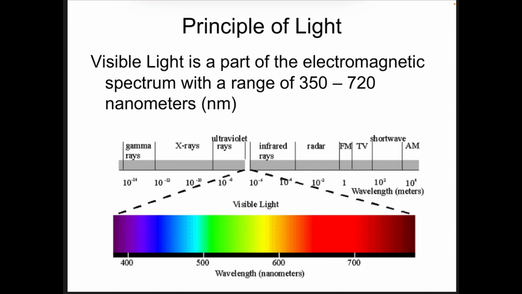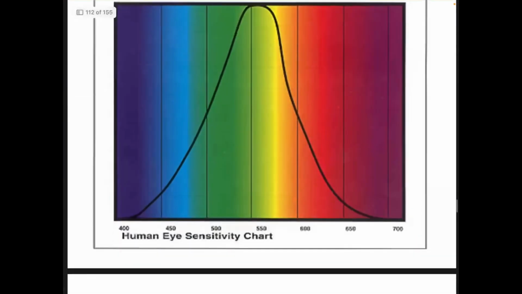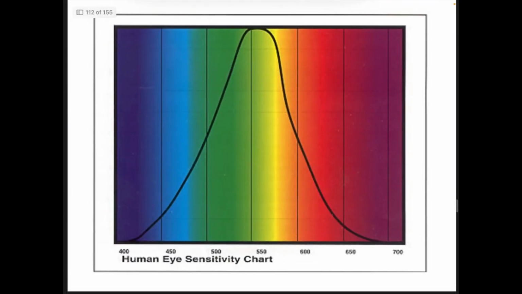So we have red, orange, yellow, green, blue, indigo, then violet. All right. The sensitivity of the human eye affects the color, even the intensity of the color.